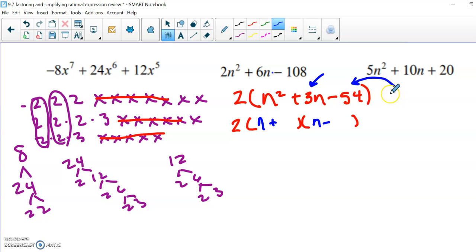So I start listing my factors. 1 times 54, 2 times 27, 3 goes in there.